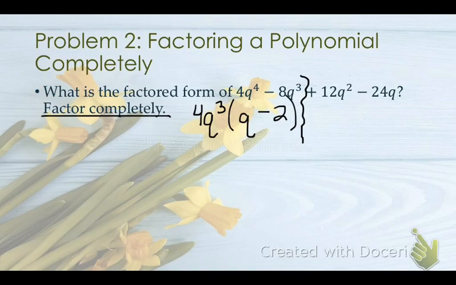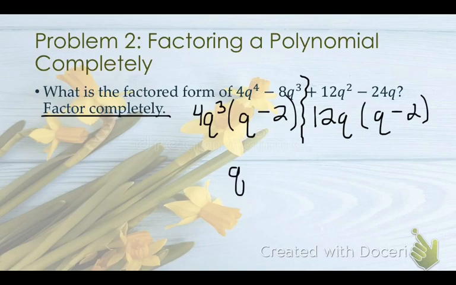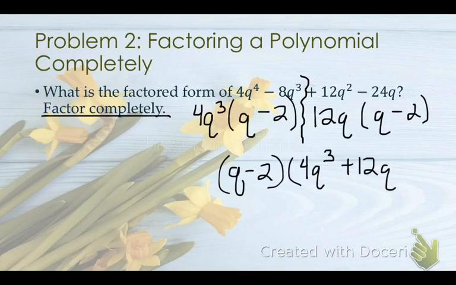When I look at my second part here, I can factor out a 12q, and so I can do that and end up with q minus 2. So now I have q minus 2 as one binomial factor, and 4q cubed plus 12q as my second binomial.